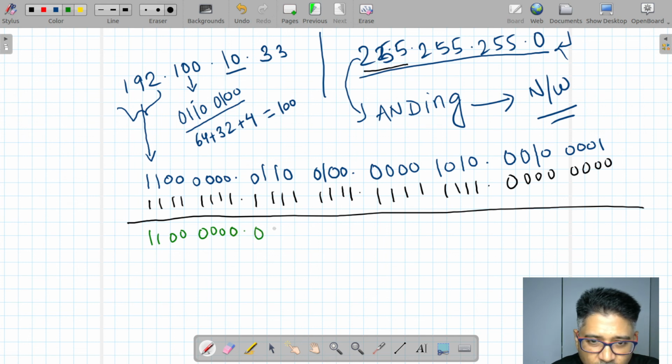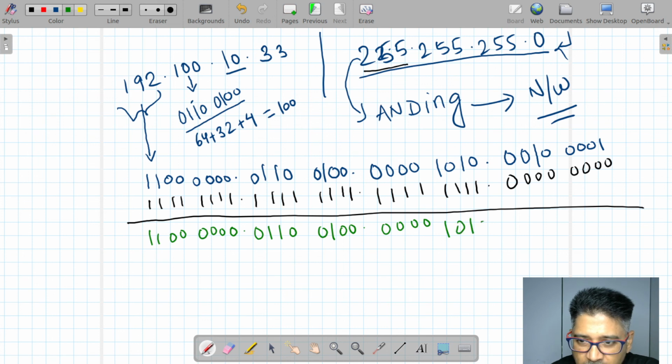Yes, no. If both are 1, then only it will be 1. Tell me if I'm doing anything wrong here, let me know. 1 and 1 is 1.